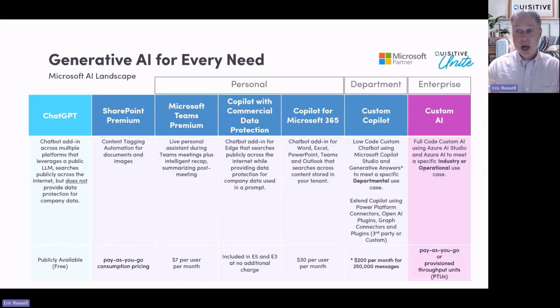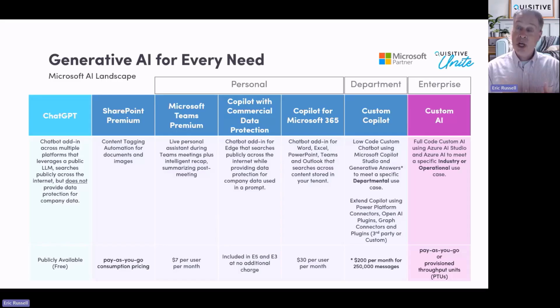Copilot with commercial data protection is a version of Copilot that uses the web to answer the question, but it has a key security feature to it. Unlike ChatGPT, where if you ask a question, it is going to use that data and put it in the public domain, Copilot with commercial data protection will not do that.